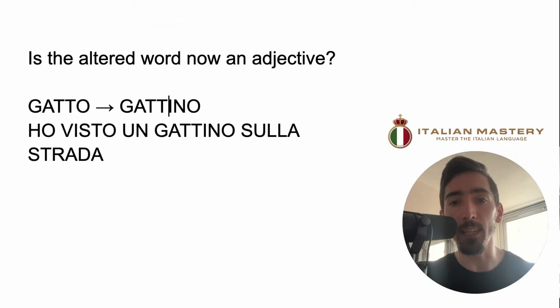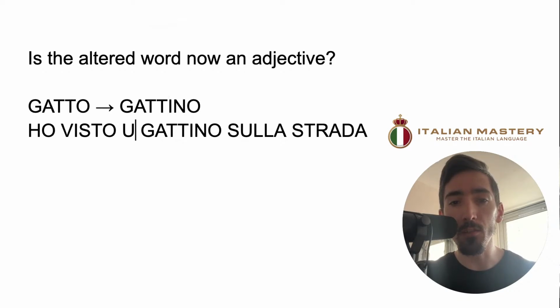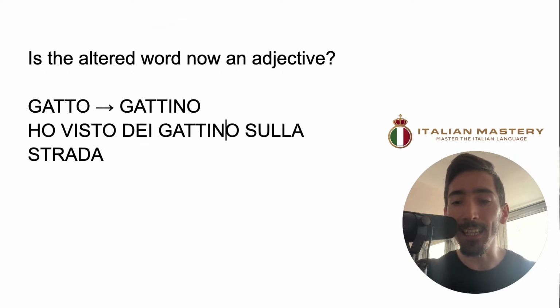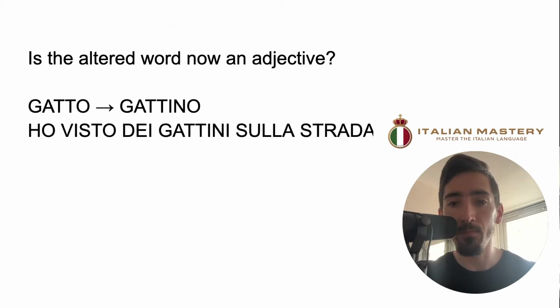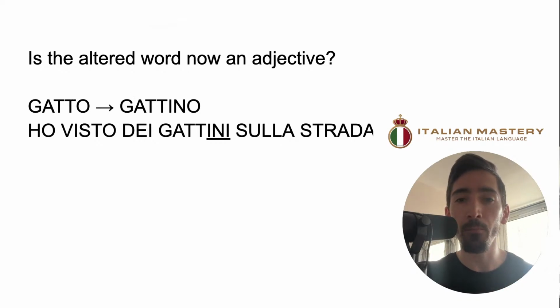So ho visto un gattino. I saw some cats on the street. Ho visto dei gattini. So we have a different ending based on gender and number. Right. Good questions.